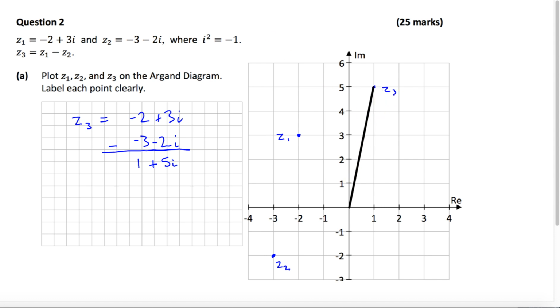What's that distance? Well, we can do this by having a look at the triangle underneath it, which is right angled. So we can just do Pythagoras on this. So you've got this height here of the triangle, which is 5, and this is 1.